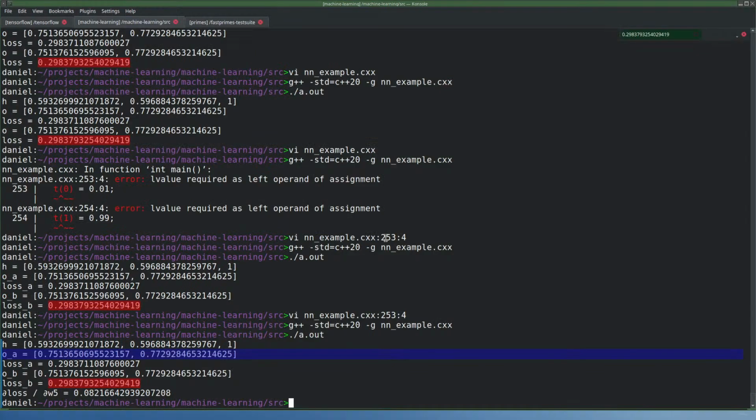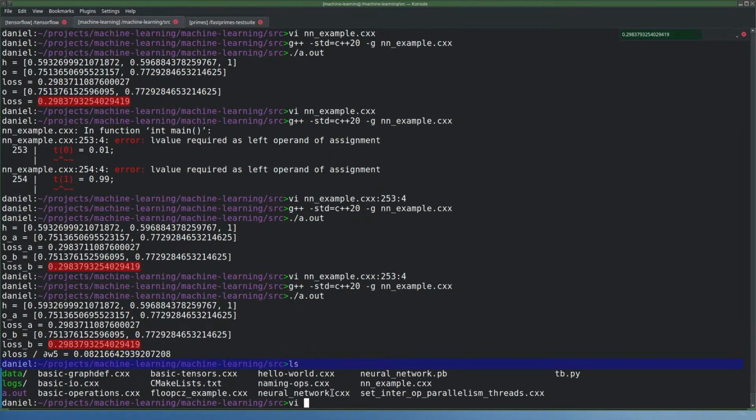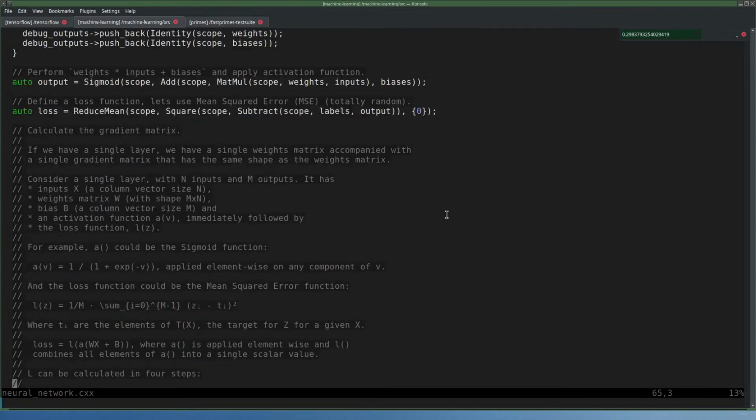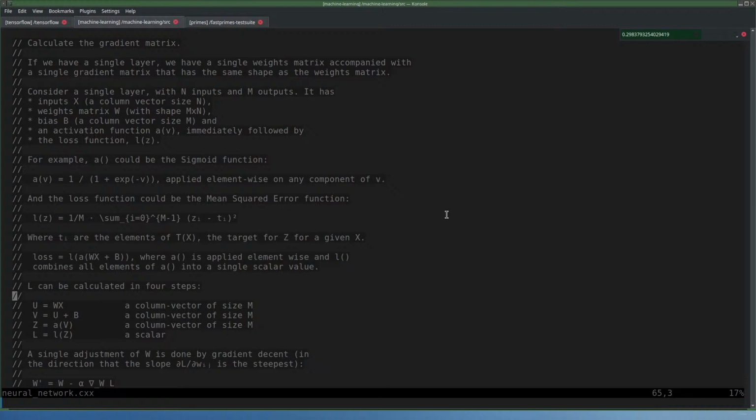I was writing it in a different file, so let me try to update it. Yeah, here's my documentation. And I have a loss function that is 1 over m, so yeah, that's the half.